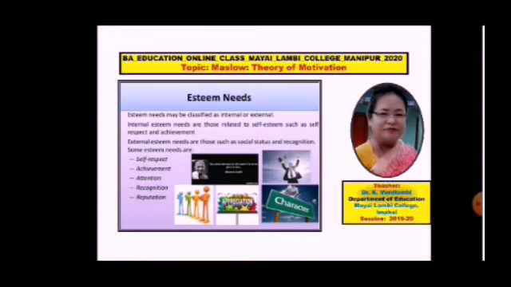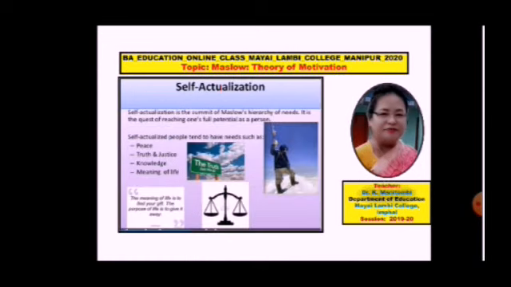The external esteem needs are those such as social status and recognition. Esteem needs include, number one, self-respect; two, achievement; three, attention; four, recognition; and five, reputation.